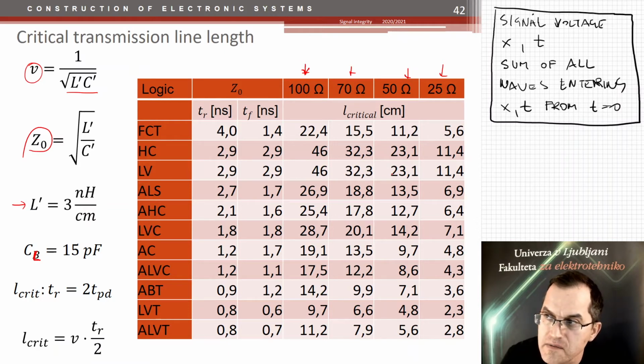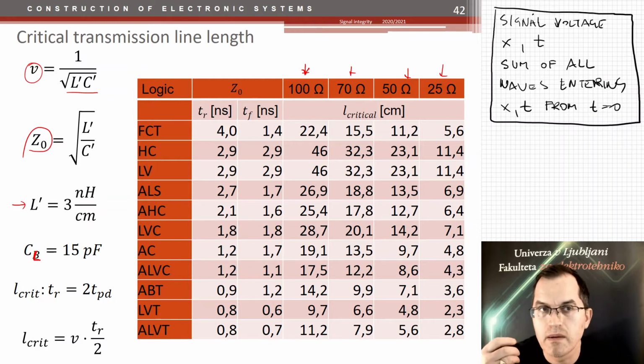As you can see, the critical line lengths are getting longer if you have larger impedance of these lines. So having large impedances would give more free space for the lengths. That means that you don't have to care if you have a 2 or 3 centimeter length of your track if the impedance of that track is high.